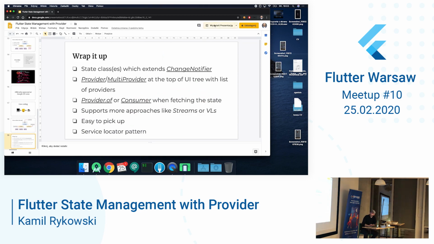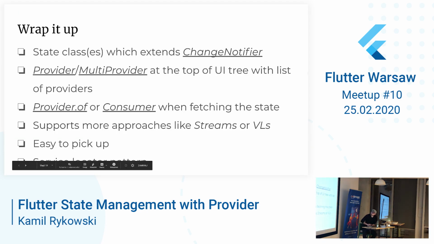So to wrap it up, how to work with the provider is that you need state classes which extend the change notifier. For each domain problem you have in your application, you will have a separate state class. So for example, in my game, I would have a user state, guild state, fights state, basically any domain which I have in my application, I would make a separate change notifier.